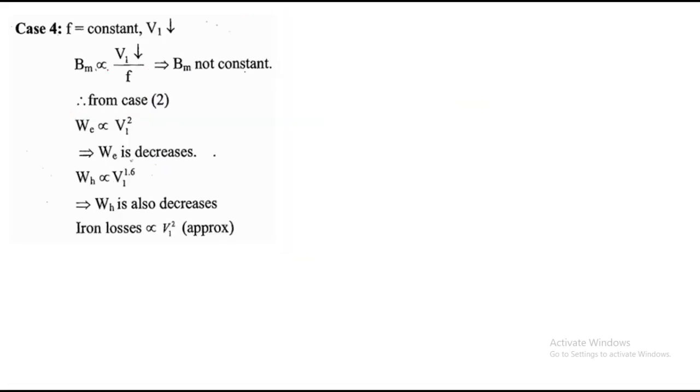Next, case 4. F equals F rated and V is less than V rated. So the supply voltage is reduced but frequency is constant. Obviously B max is reduced, directly proportional to supply voltage.